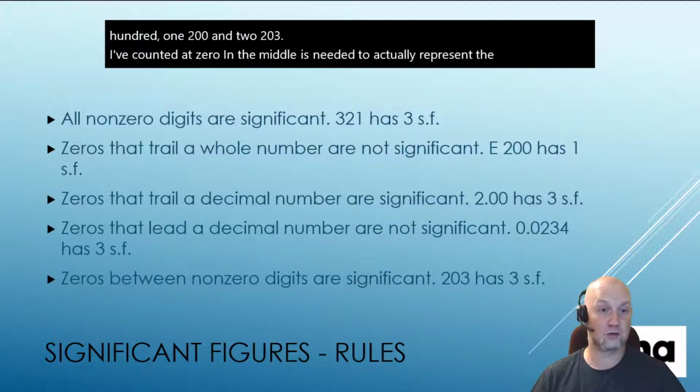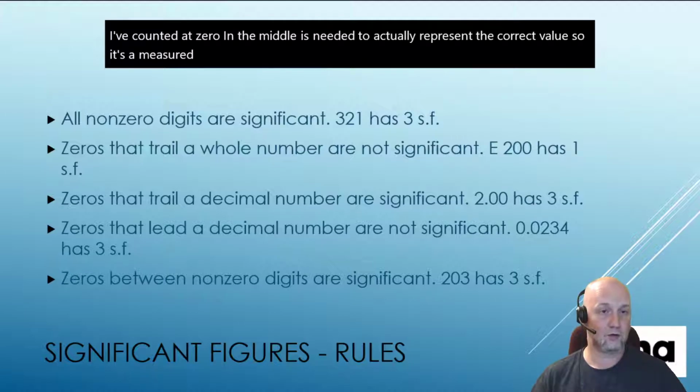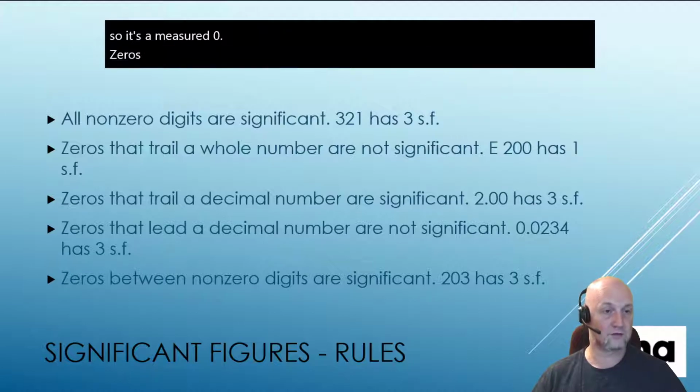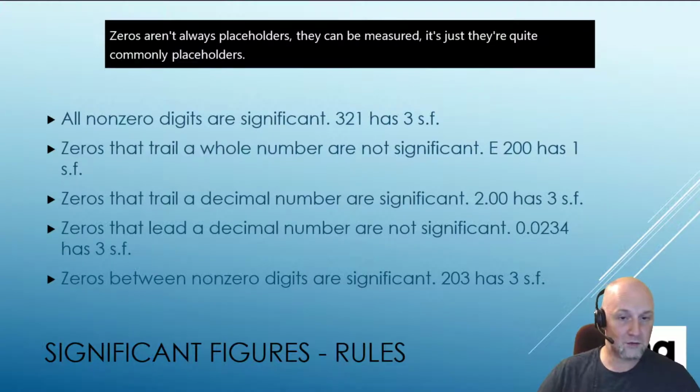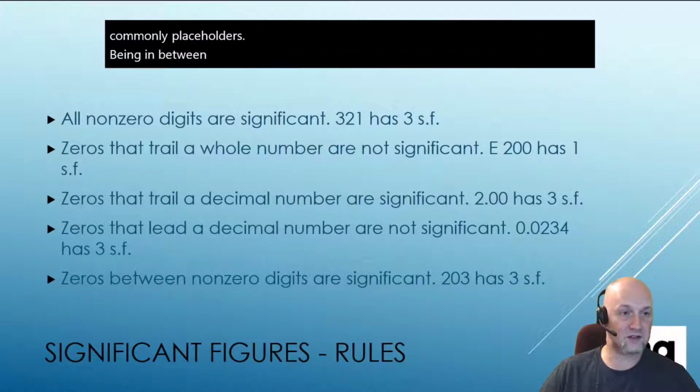So it's a measured zero. Zeros aren't always placeholders. They can be measured. It's just they are quite commonly placeholders. Being in between two non-zero digits tells me it's not a placeholder, it's a measured value.